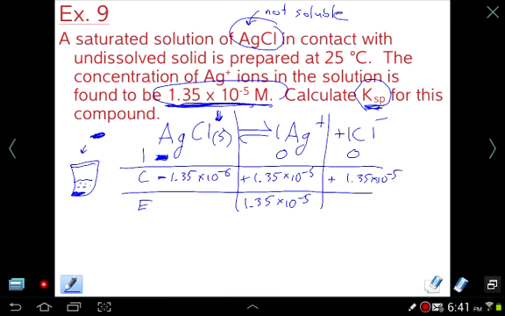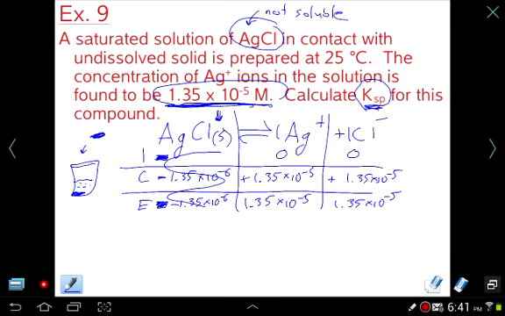So we can see at equilibrium we have some amount of it minus 1.35 times 10 to the negative 5th. That's really how much we lost. And here we have simply 1.35 times 10 to the negative 5th. Now we really won't be dealing with this side of it, so we can cross it out for the time being, even though it's convenient to still list the amounts.